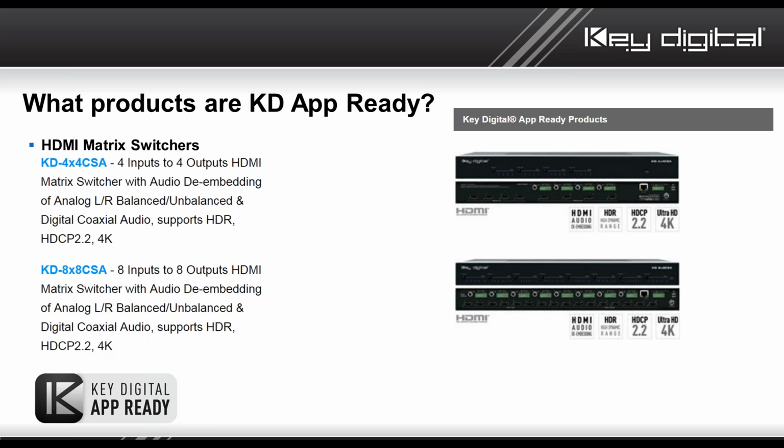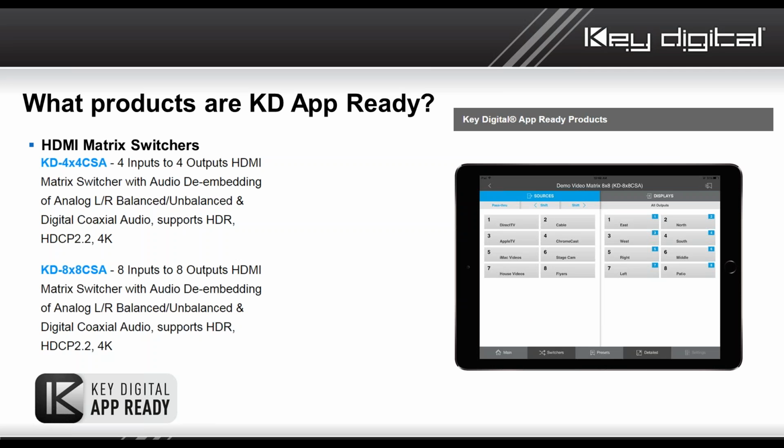So it's de-embedded from the output side, meaning if I'm in zone 5 and I'm watching source 1, then the de-embed port for that output 5 is giving you the audio of that selected source 1. You see the RJ45 connectivity there, giving you that app-ready controllability. Also, HDCP 2.2 encrypted and compliant devices are supported. These 4x4 and 8x8 CSA matrix switchers are.